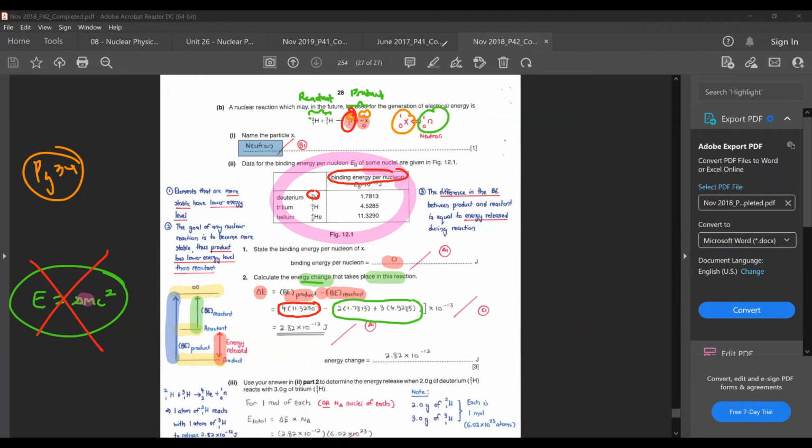Deuterium is nucleon number 2 multiplied by 1.7813. Tritium is nucleon number 3 multiplied by BE per nucleon of 4.5285. Don't forget that you have a power of 10 here, 10 power minus 13. So put that in, and eventually you get your answer as 2.82 times 10 power minus 12 joules.